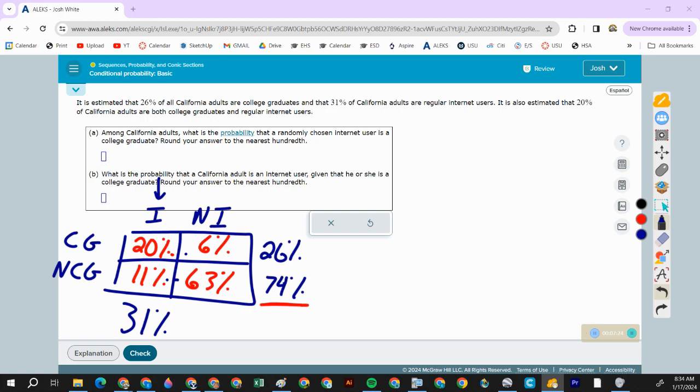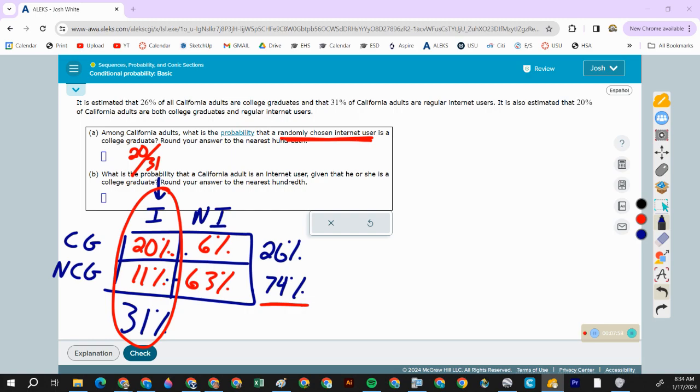So, letter A, among California adults, what is the probability that a randomly chosen internet user is a college graduate? So this is saying we're only allowed to look at the internet users. So we're only looking here. So that would be 20% divided by 31%.